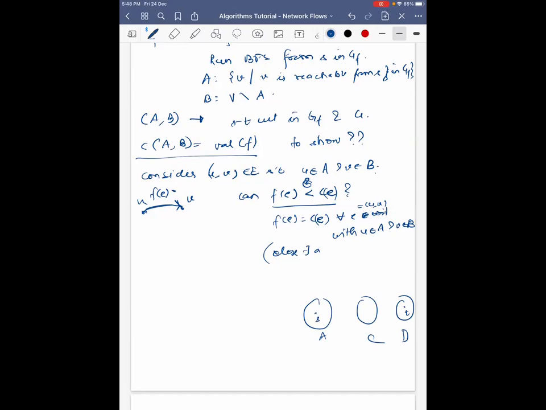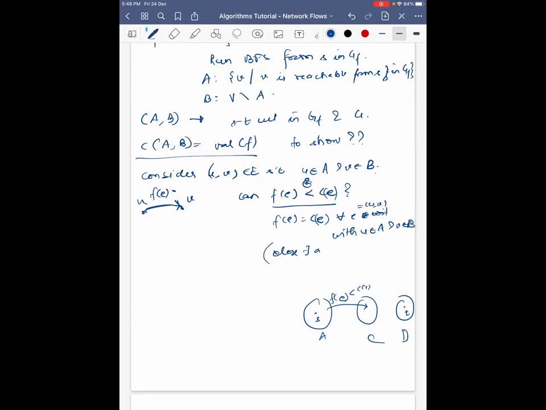So what if we've shown that there is some forward edge from A to C? Let's say E is an edge from A to C, and f of E is less than CE, but there are no forward edges from C to D. So here we are finding some forward edge from A to C, but that doesn't give us a path from S to T, right?